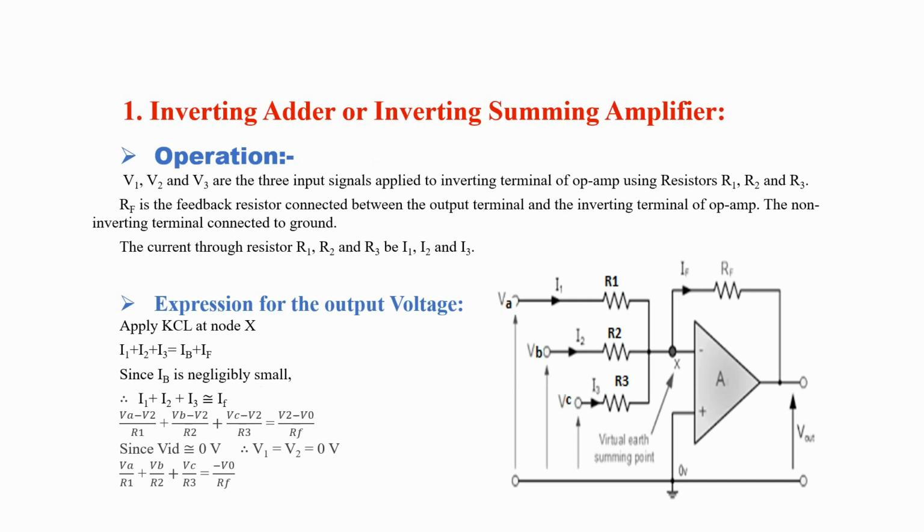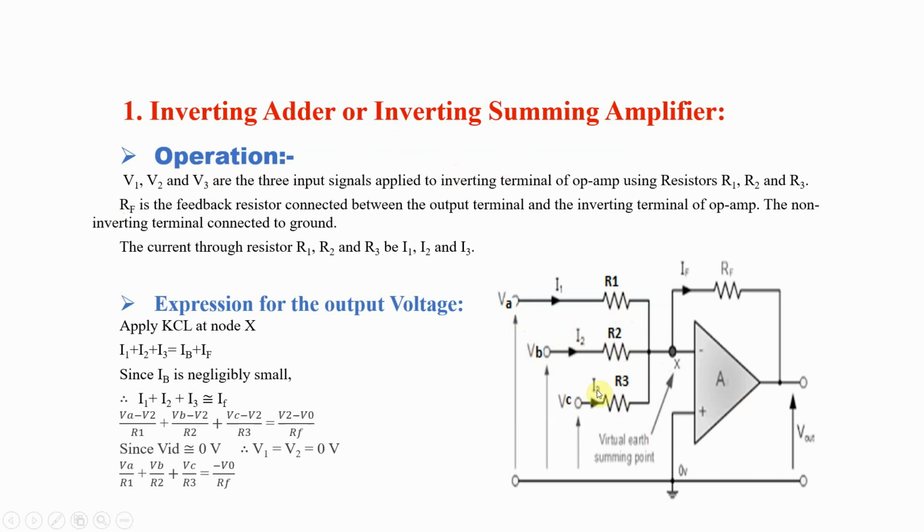First is the inverting adder or inverting summing amplifier. This is the circuit of the inverting adder or inverting summing amplifier. VA, VB, VC are the input signals applied to the inverting terminal of the op-amp through the current limiting resistors R1, R2, R3.